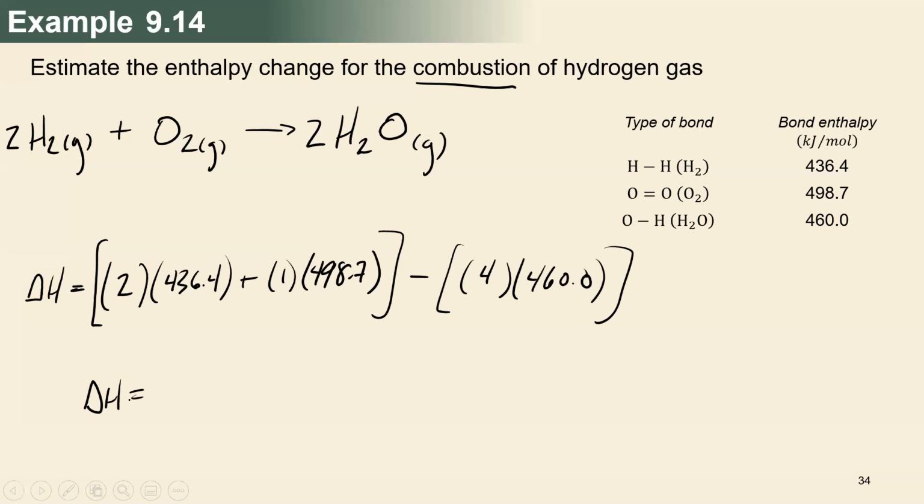So that's going to change our delta H, and change it fairly substantially, right? 2 times 436.4 plus 498.7 is 1371.5, minus 4 times 460, which is 1640.